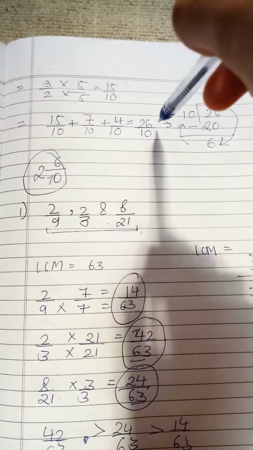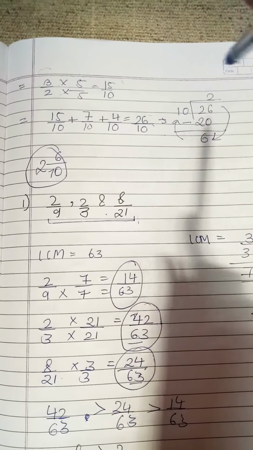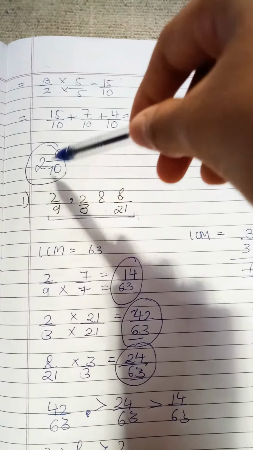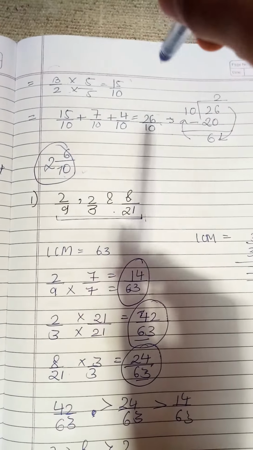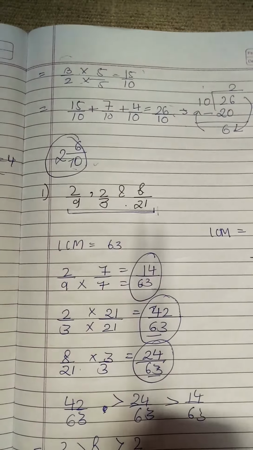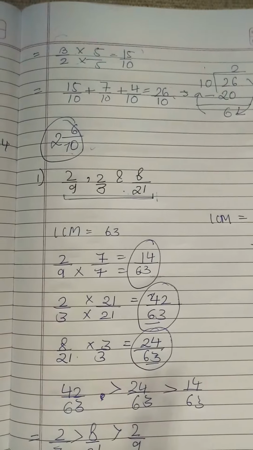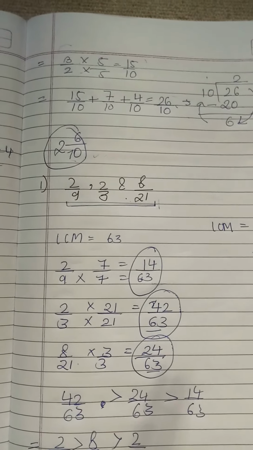Then we can add them and we get 26 upon 10. When we convert this into a mixed fraction, we get 2 and 6 upon 10. Friends, it's necessary for us to change improper fractions into mixed fractions whenever we get an improper fraction as our answer.